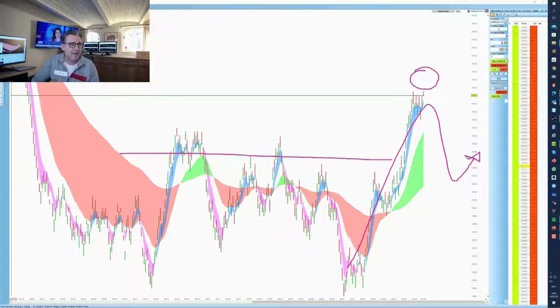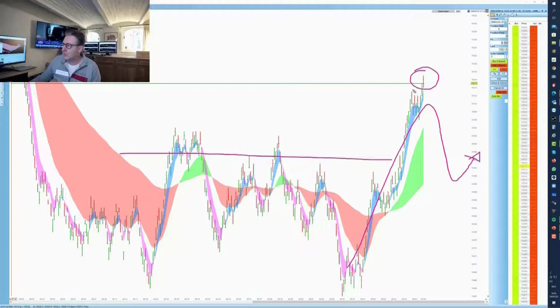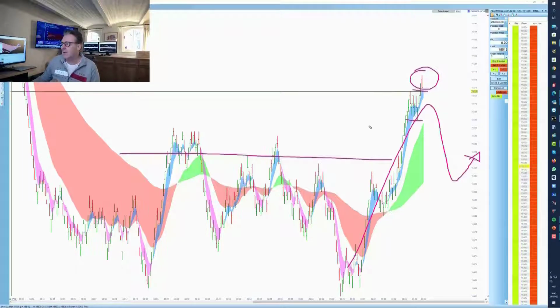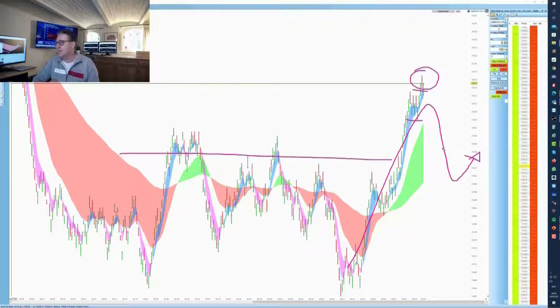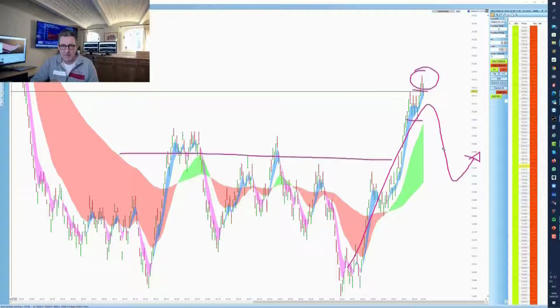Now, you could trade impulse moves as well. It could have been a continuation trade here, but it's a little bit too far already. I would have preferred this sooner, so I am just going to wait for the correction here, and I have no idea how long this will take. I'll just have to be patient.